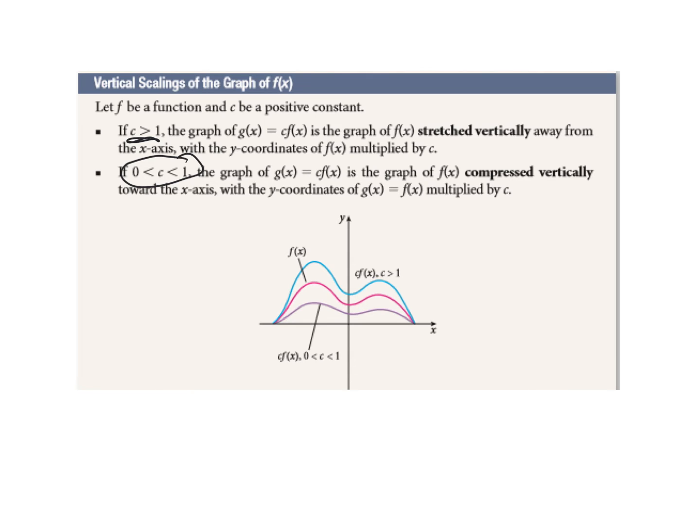What happens if you multiply it by a fraction between 1 and 2, maybe, like 1.5? It gets 1.5 times larger. Any number bigger than 1 is going to stretch it out. Any number between 0 and 1 is going to compress it. So you can stretch it out or compress it.